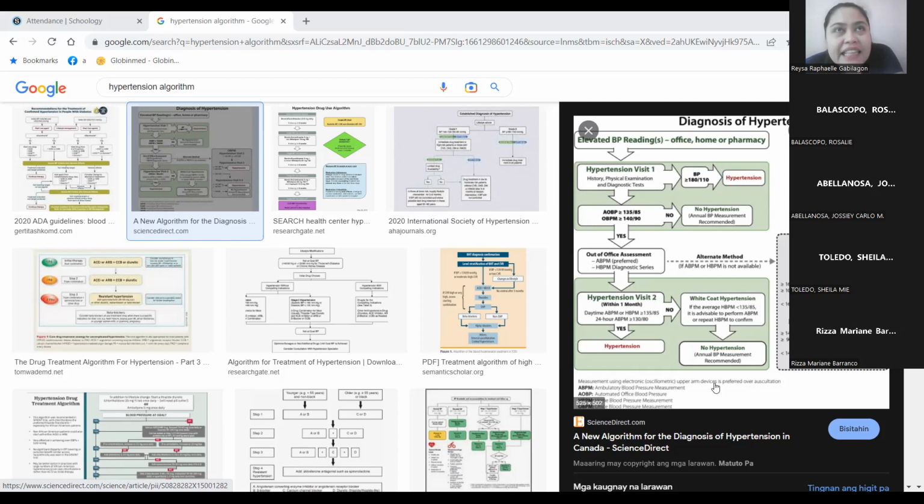Kapag hindi talaga siya tumataas ng 130/80, walang hypertension yung ating patient. Therefore, class, hindi mo matatawag na hypertensive ang isang tao if sa isang monitoring lang or isang measurement lang mataas ang BP niya. Unless na lang, sabi ko kanina, dito sa automatic hypertensive, kapag umabot dito yung kanyang blood pressure.